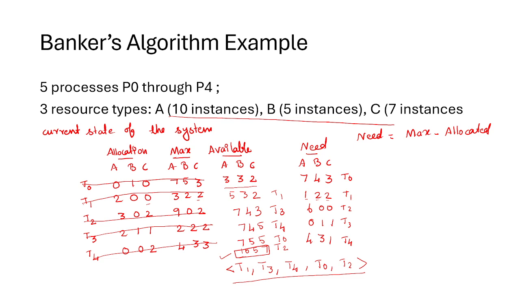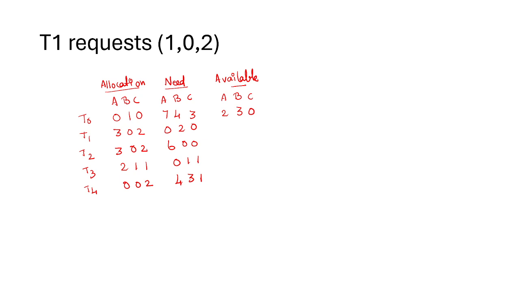Now consider the same problem where T1 has requested one instance of A, 0 instances of B, and 2 instances of C. These many more instances T1 has requested. For that I have given the allocation matrix, need matrix, and available.